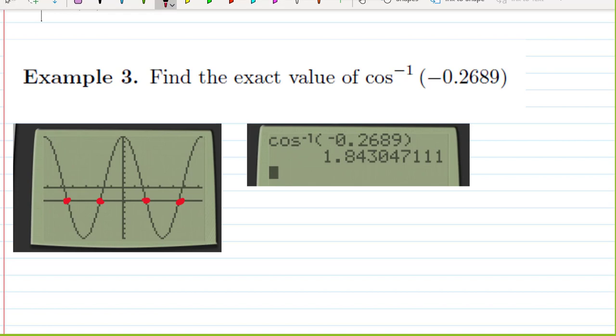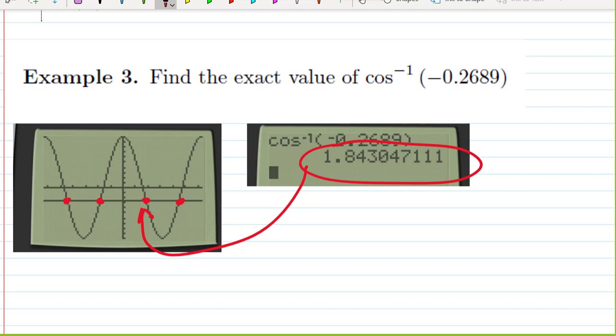Well, that only gives us one solution. In fact, this solution is this solution on our graph. And we know that we're going to pick up other solutions as we wrap around the unit circle. And we're going to talk about those.